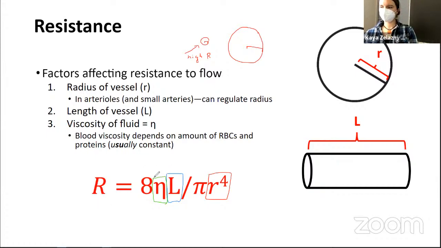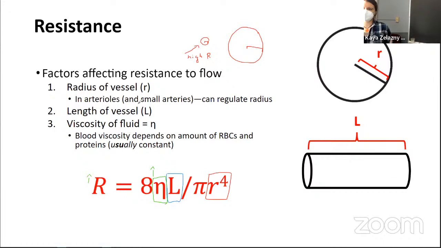Same as length, right? If the viscosity increases, the resistance would increase as well. We're not often going to see this one either. Sometimes blood viscosity does change based on the amount of red blood cells or the amount of proteins in the blood, but this usually should be constant, especially for an individual person.